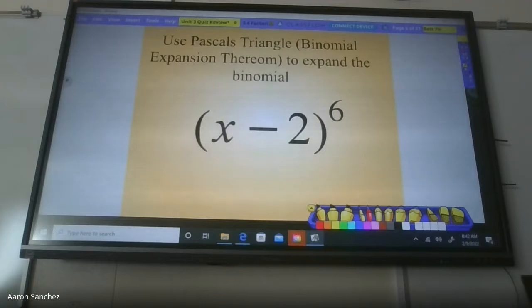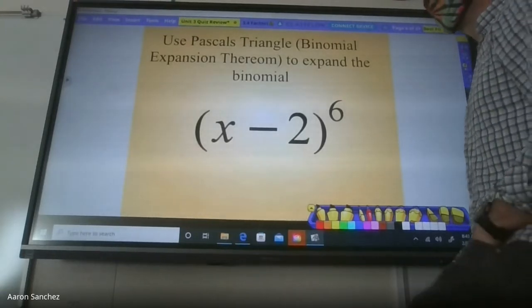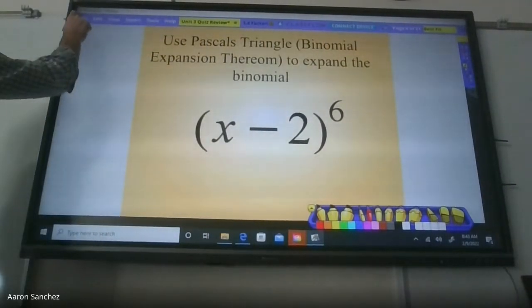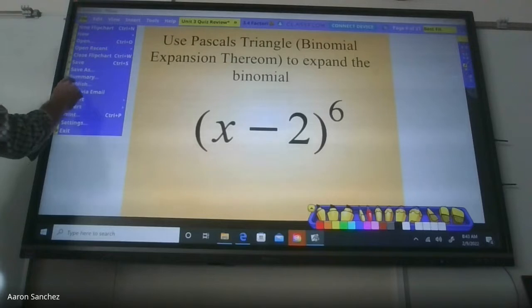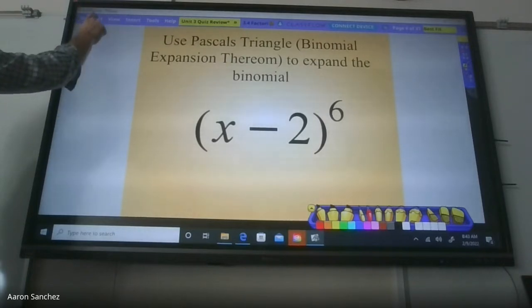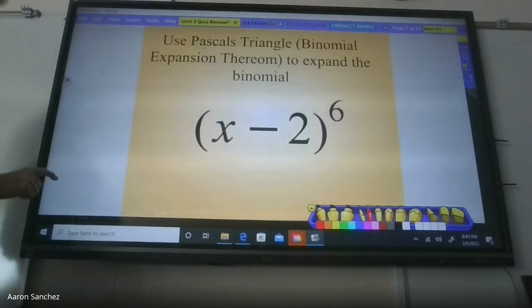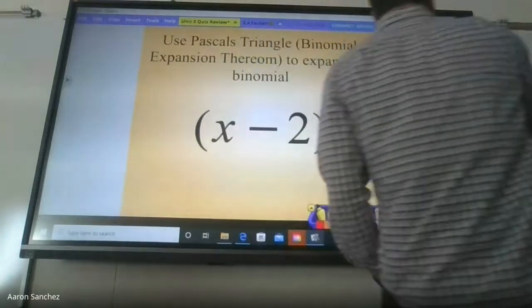So what row are we going at? 6th row. So let's build the triangle. Since I'm recording this, I'll try to put it on here. File, let's duplicate. Okay, so I'm going to start building a triangle here.